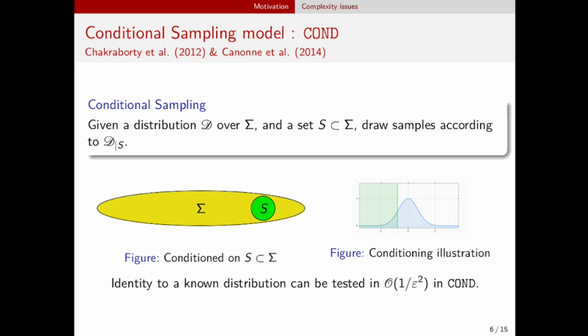But in the conditional sampling model, you can use conditioning. You can just fix the subset which is on the left hand side of this vertical line and query the sampler to provide samples only from the left hand side of the vertical line. This is the power of conditional sampling, and it has been shown that identity to a known distribution can be tested in order of 1 by epsilon squared samples in the conditional sampling model, which is independent of the size of the domain.